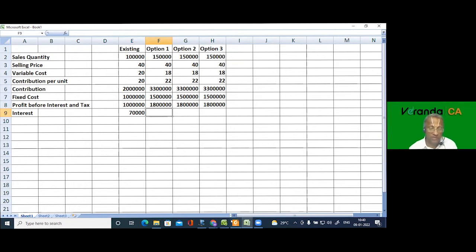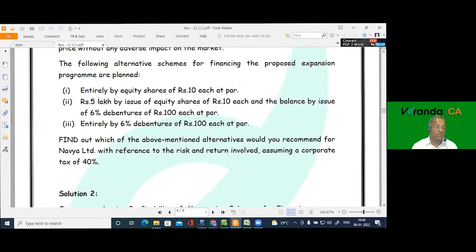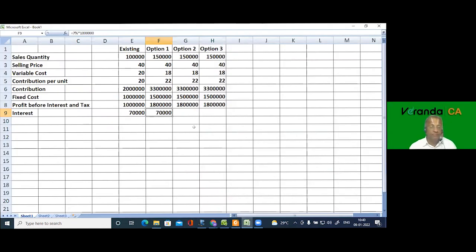So we have 3 alternatives before us. What are the 3 alternatives? This is equity. This is 50% equity, 50% debt, and here entirely debt. So this one is going to be same.